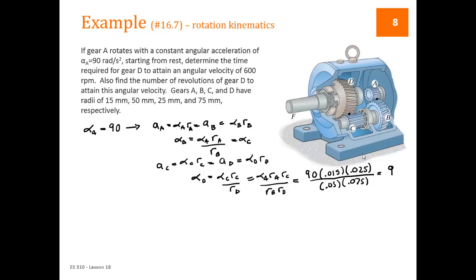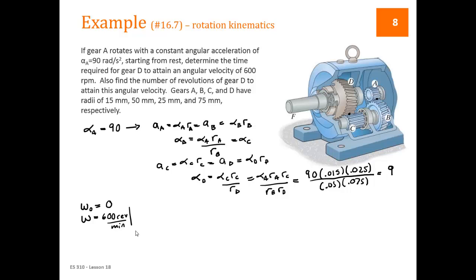So now knowing alpha D, we want to figure out information about angular velocities. It says we start from rest, so omega naught is equal to 0. And we're trying to get to a velocity of 600 RPM, so omega final is 600 revolutions per minute.